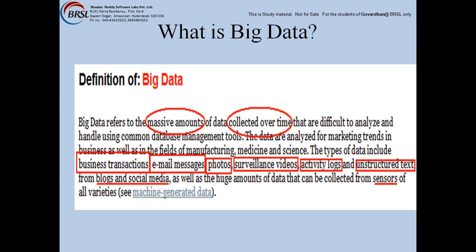It could be in the form of emails, photos, or some kind of activity log. Now the data is coming at great speed in different variety and different format, and the data is very, very huge. Now this kind of data, if we want to process, we have problems. What is the problem?